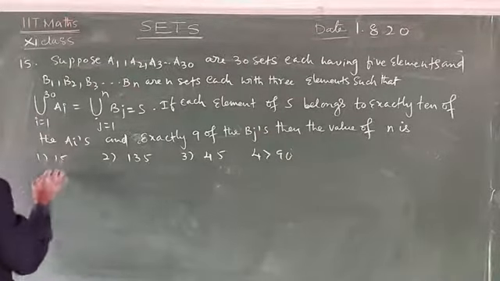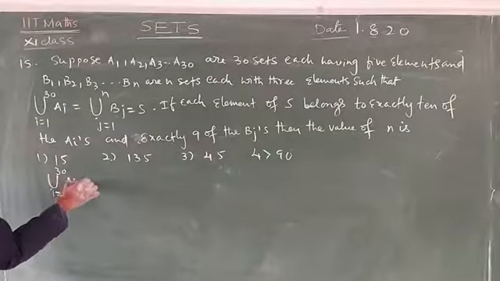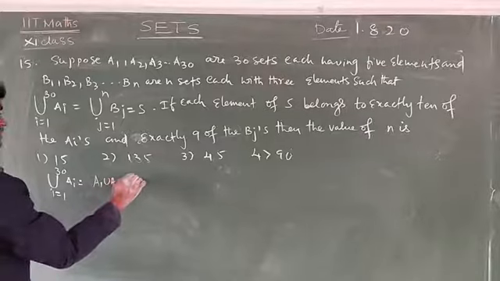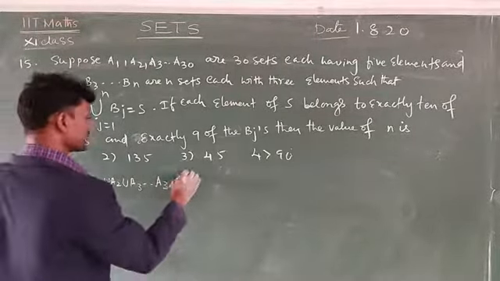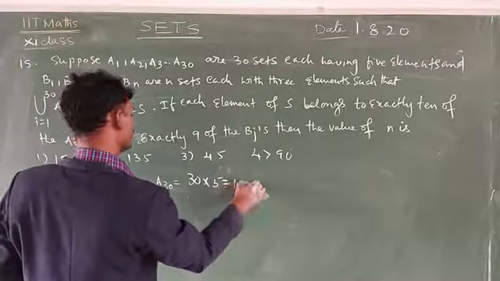See here, first, the union of Ai for i = 1 to 30: A1 union A2 union A3 up to A30. Total how many sets are given? 30 sets. Each set has 5 elements, so total 150 elements.